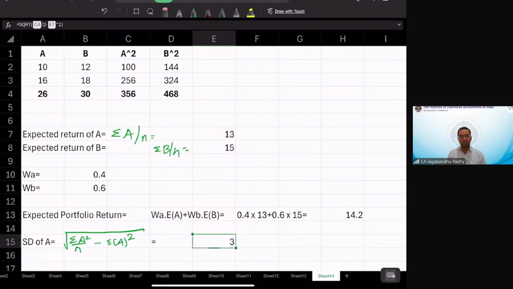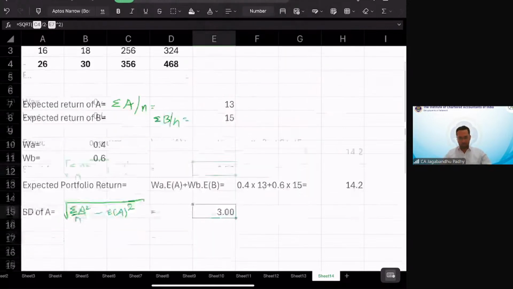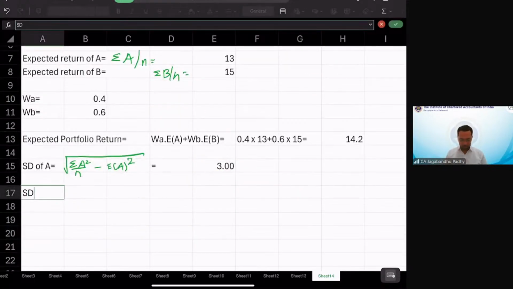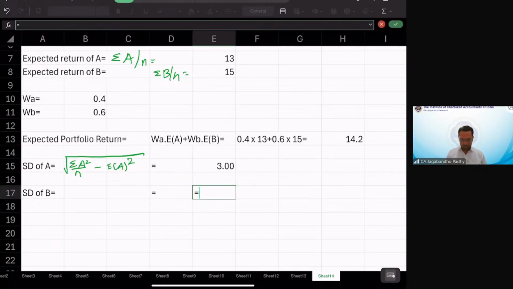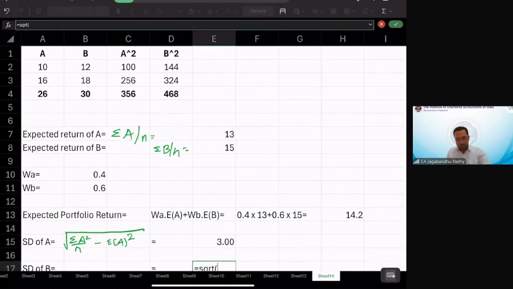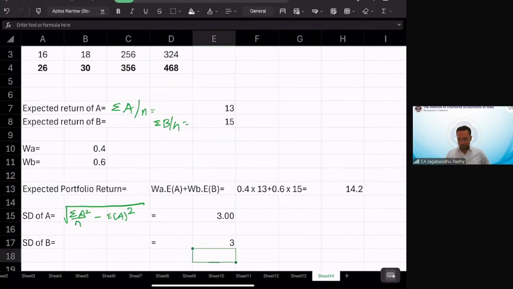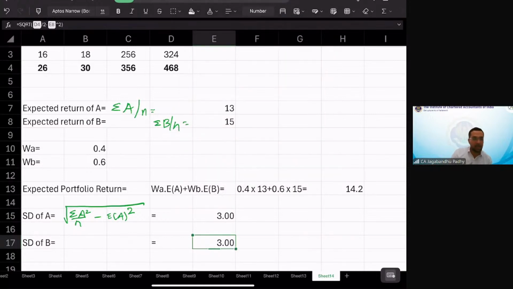So we get the standard deviation of A as 3, right? Then what's the standard deviation of B? Standard deviation of B will be computed on similar lines, which will be the square root of summation of B square upon 2 minus expected return of B square. So that will be again 3. So both the securities are having a standard deviation of 3.